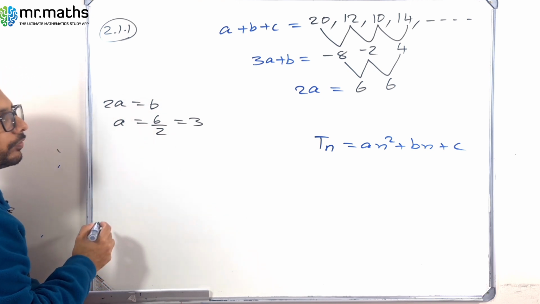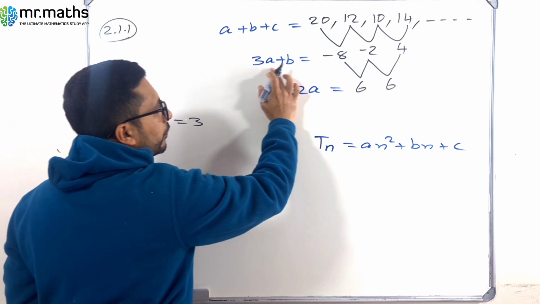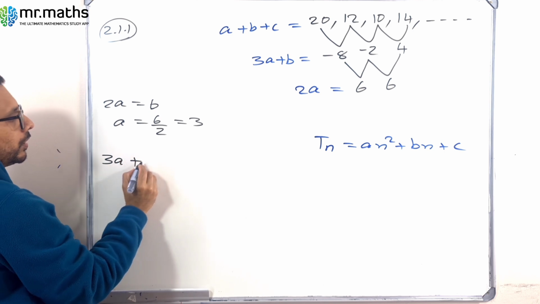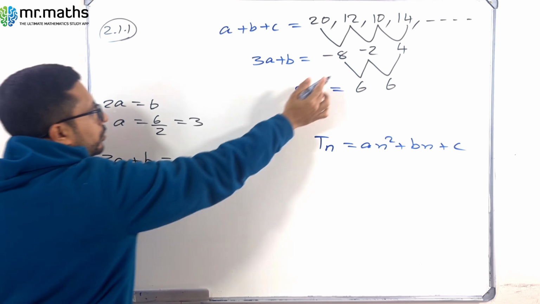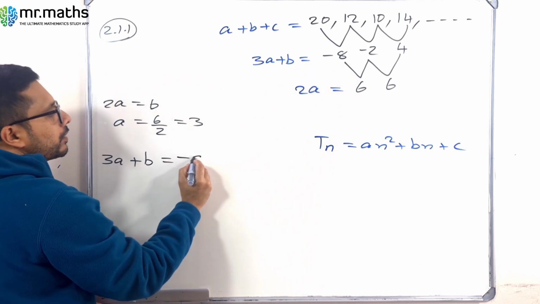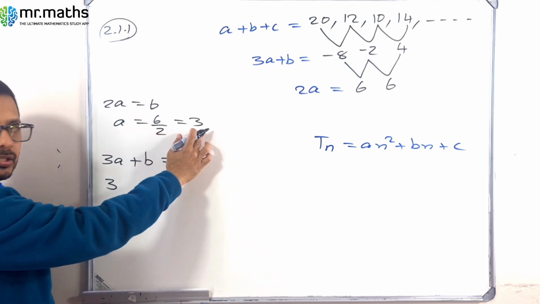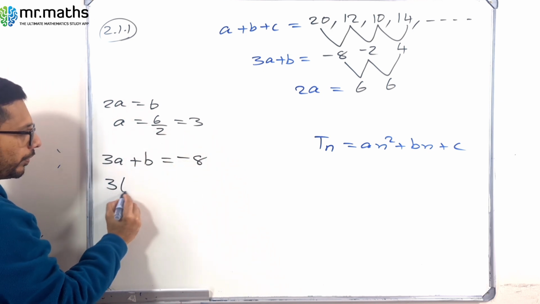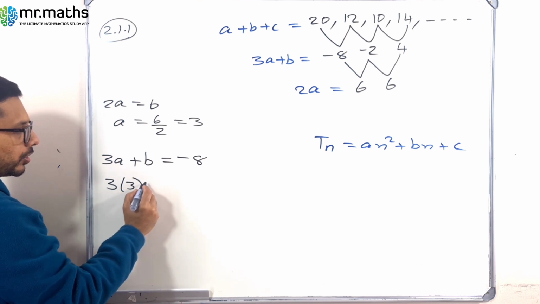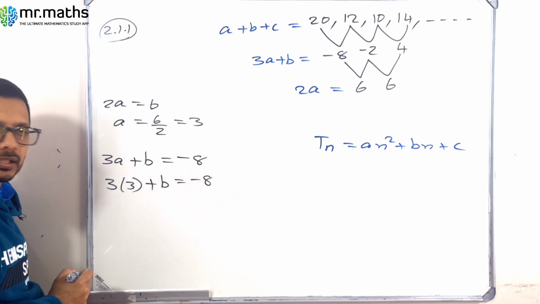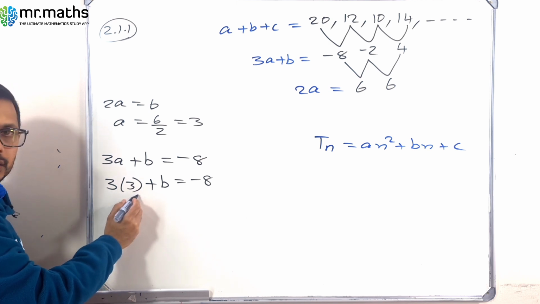Now we have to find the value of b. For that we can take the second equation. 3a plus b is equal to, what is the first number? Minus 8. And what is the value of a? A is 3. So here we can substitute the value of a as 3. So 3 times 3 plus b is equal to minus 8. 3 times 3 is 9.